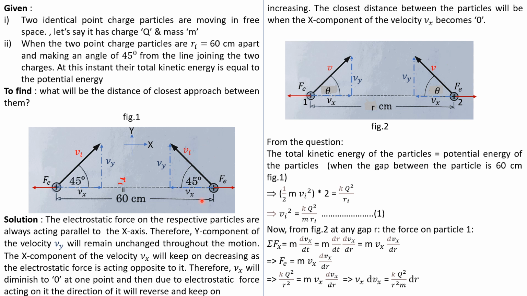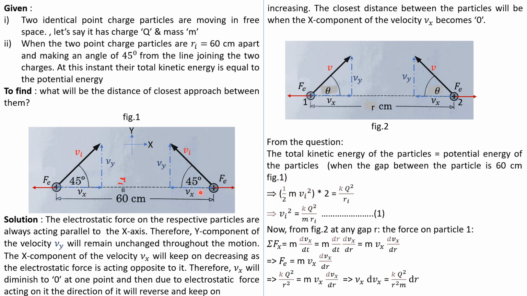Okay, from this figure and the question, the total kinetic energy of the particles is equal to potential energy of the particles when the gap is 60 centimeter. So total kinetic energy is, one particle is having this much kinetic energy, half m v subscript I square.